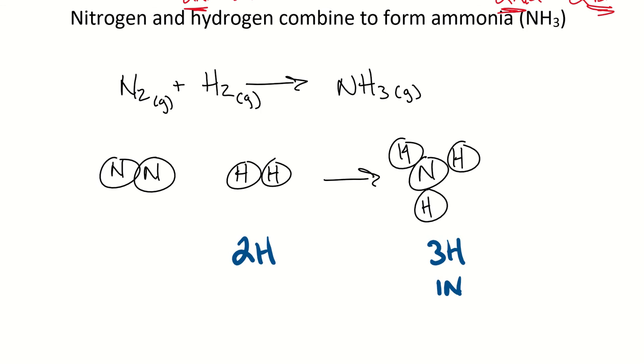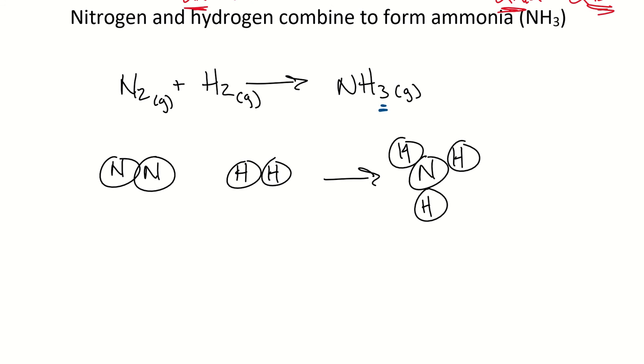So what we need to do here is change the number of things in our drawings to make these atoms balance. What I'd suggest doing is looking at the equation and seeing that hydrogens come in multiples of 3 here and multiples of 2 here. So let's try 3 H2s and 2 NH3s, because that would give us 6 hydrogens on both sides.